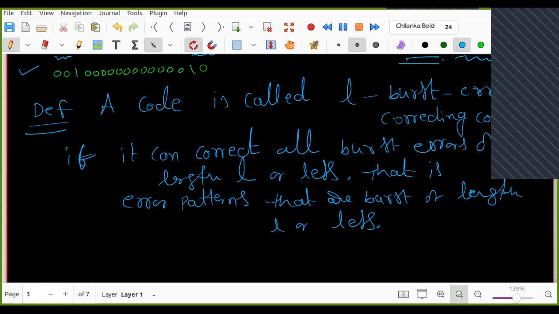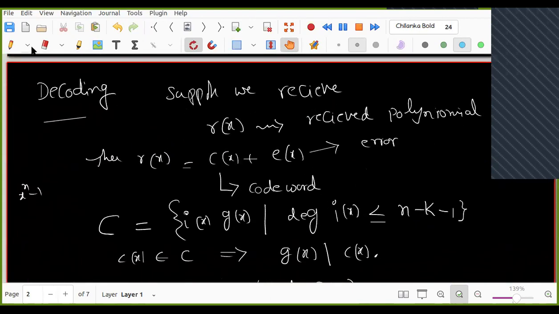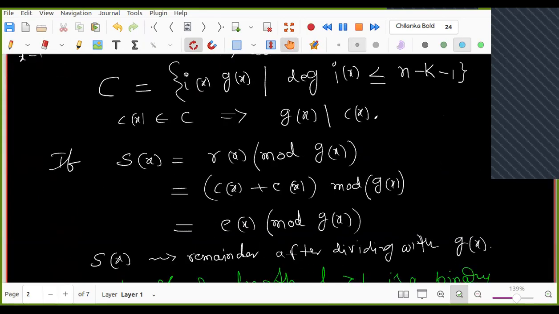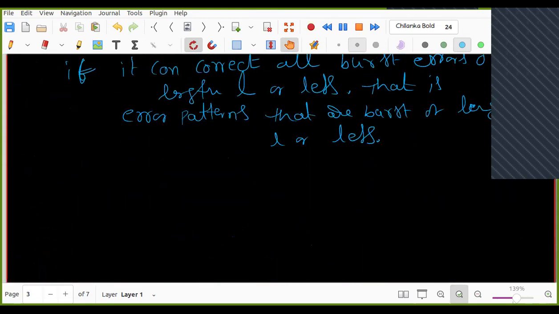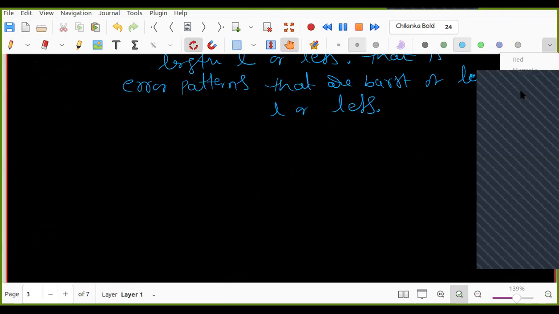What is an error pattern? The error pattern is E of X, while C of X is the code word. My error pattern is like a burst error. Then if it is less than L, I can correct it actually, not only detect. Let me explain those things in a while.